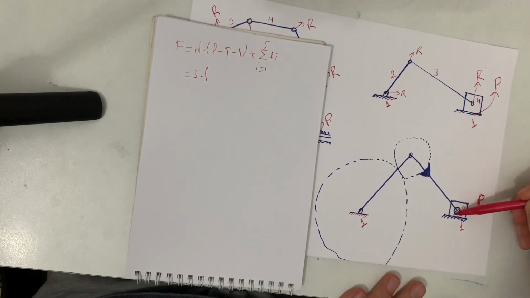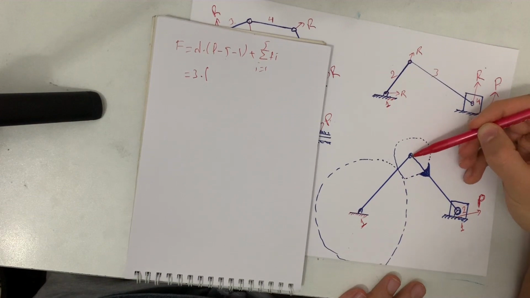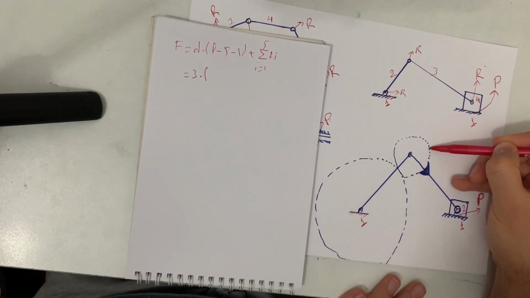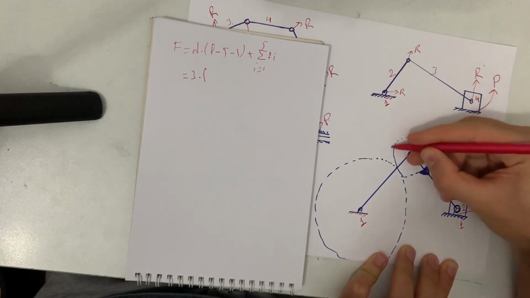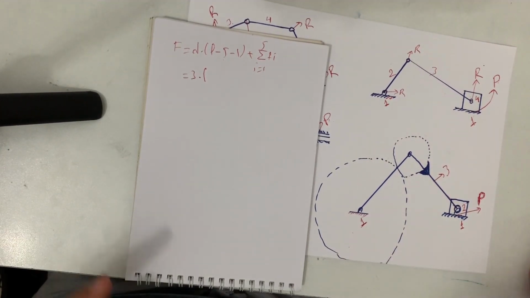So another link is starting over here and it keeps going to this point, but also it's welded to this gear. So this whole link with the gear is the third link, guys. Don't forget it.